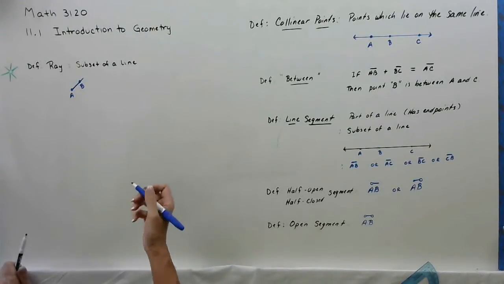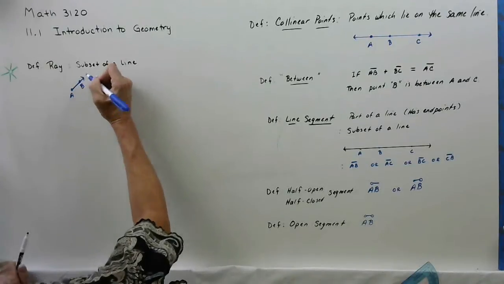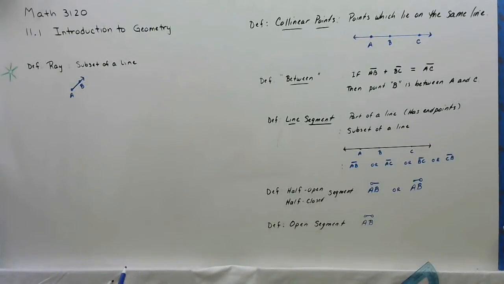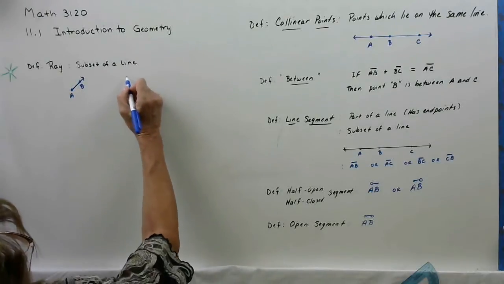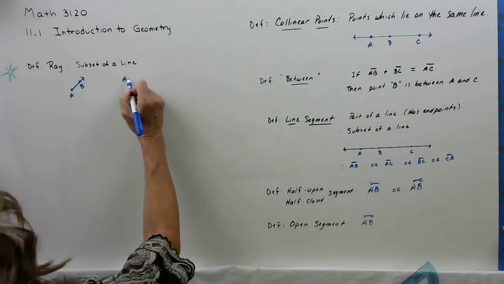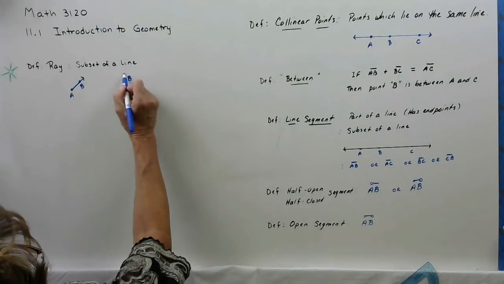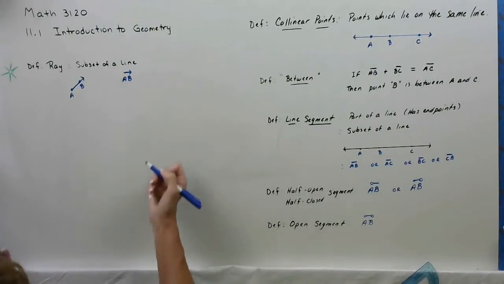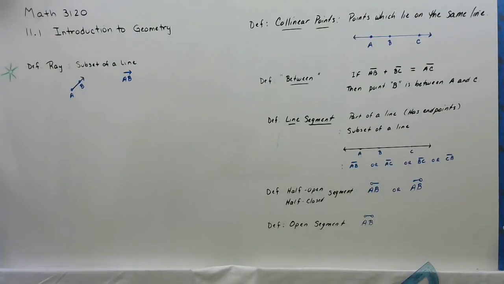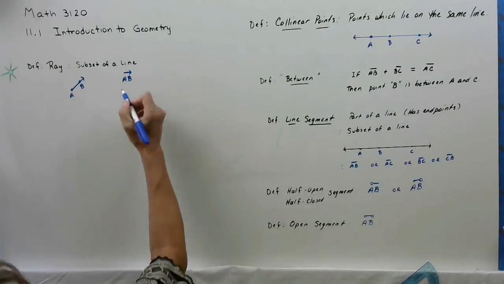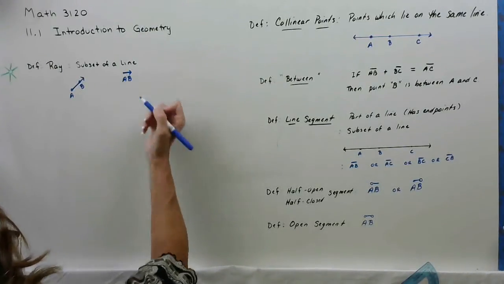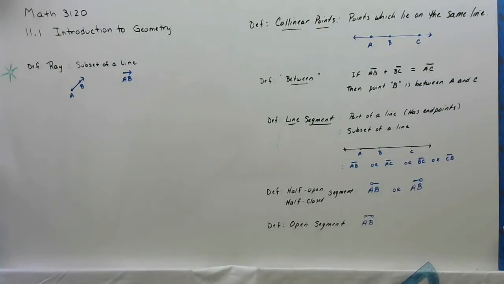We're just calling it B. But then I put the arrow on the end to indicate that it keeps going. So kind of like a sun ray. And so the symbol for a ray is, I have to tell the starting point, I have to mention the point that it passes through, and I just indicate the arrow that's passing through B and continuing forever. And you can make sure this is a solid point if you want, because it has to start at a solid point.